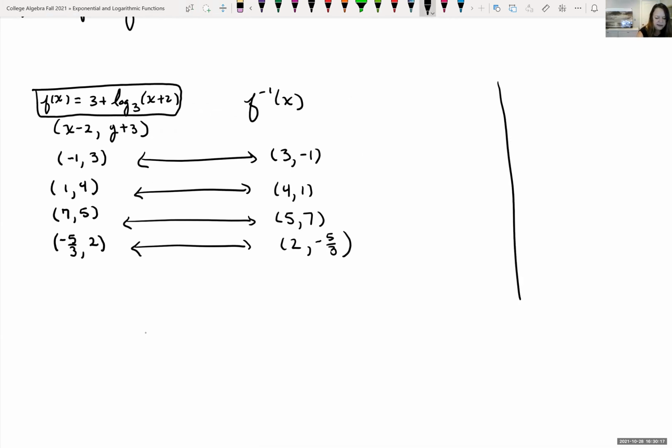So we can graph that. So when x is 3, y is -1. When x is 4, y is 1. When x is 5, y is 7. When x is 2, y is -5/3.